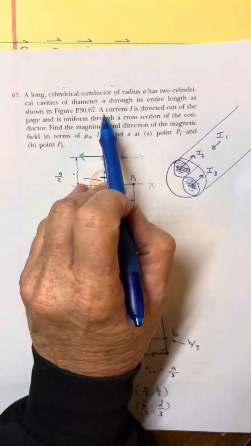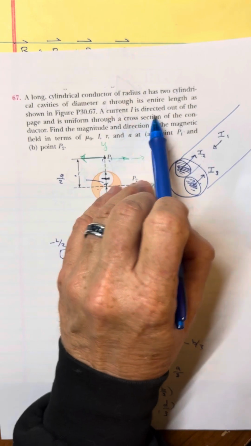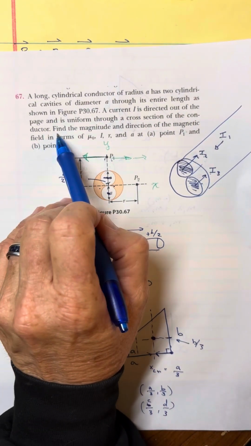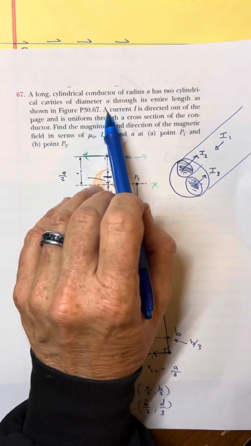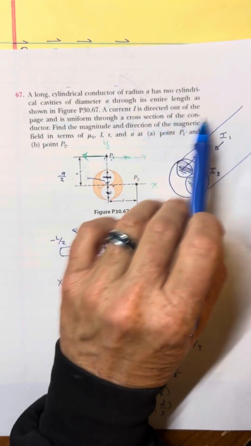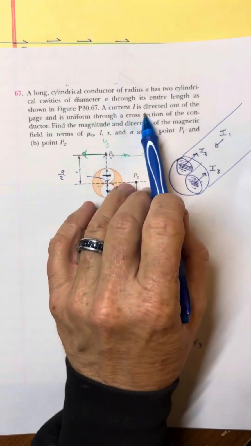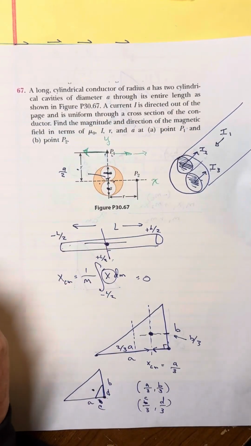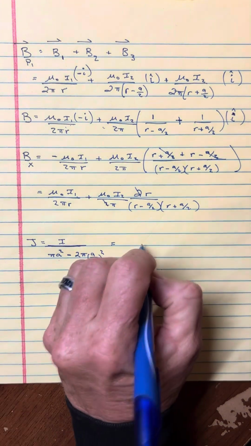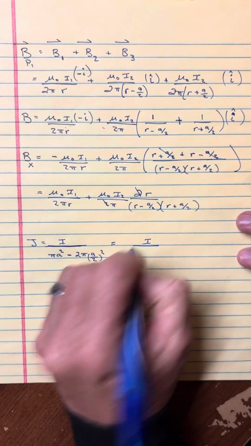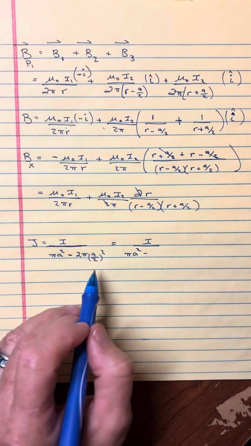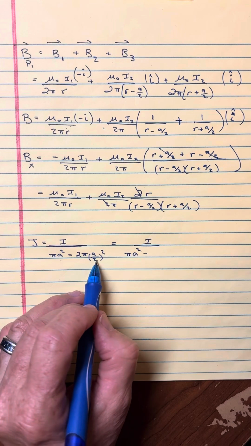And I'm pretty sure it says here, a current I is directed out of the conductor. Find the magnitude. But it carries a current of I. And it's directed out and uniformly throughout the cross-section of the conductor. All right. So this would be I over, and we got this pi A squared minus. And so this right here would be a 4.